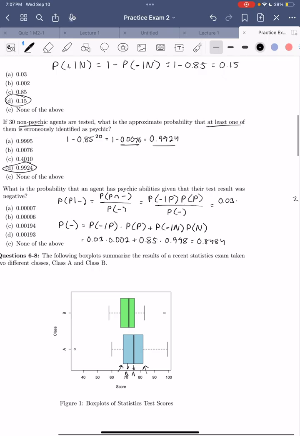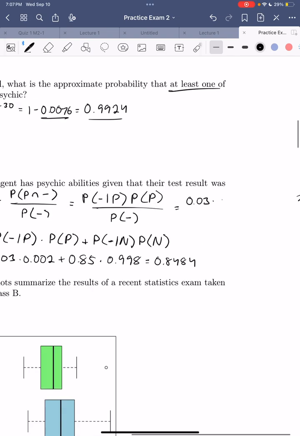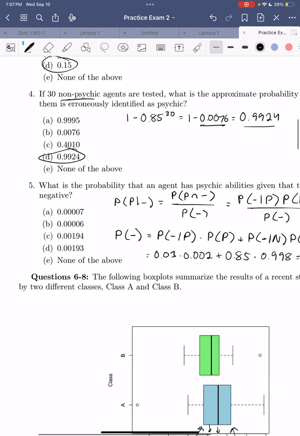And then we have the probability of being a psychic, which we know was 0.002. And the probability of a negative test result, from what we just solved, is 0.8484. And then all of that together equals 0.00007. So very small number, but that's our answer.